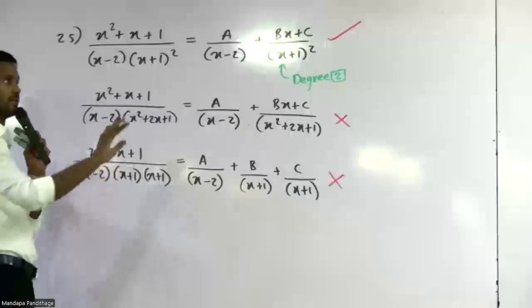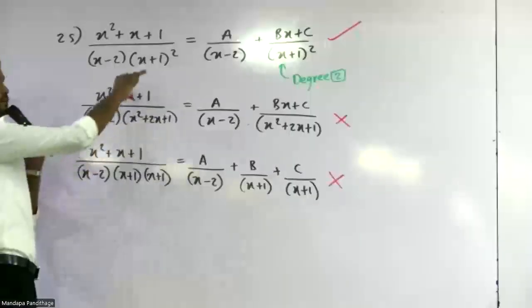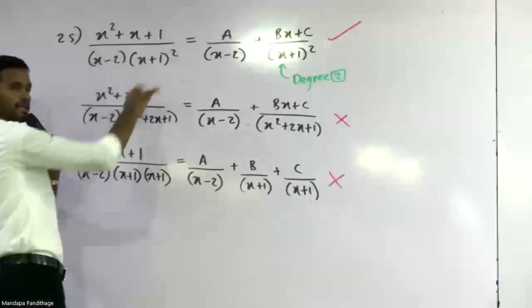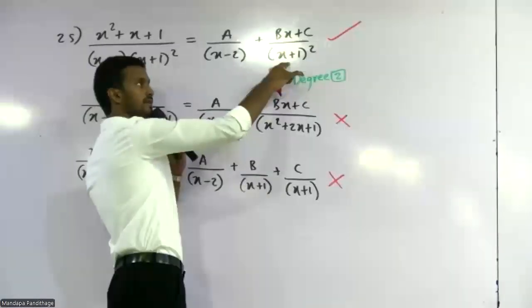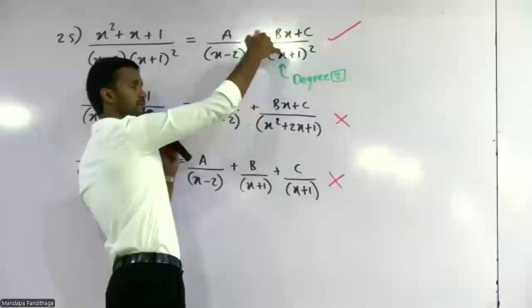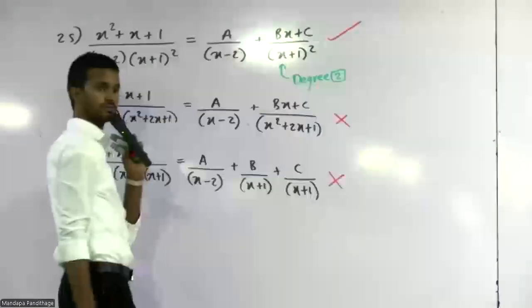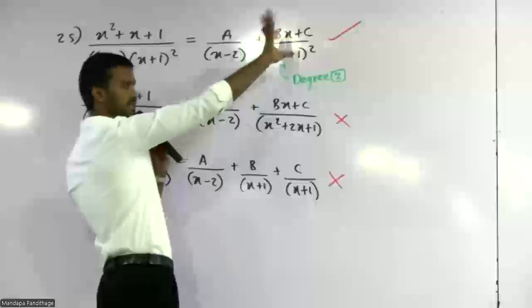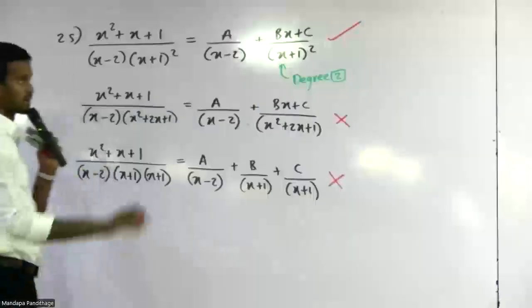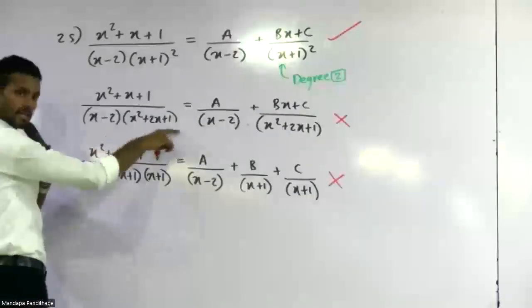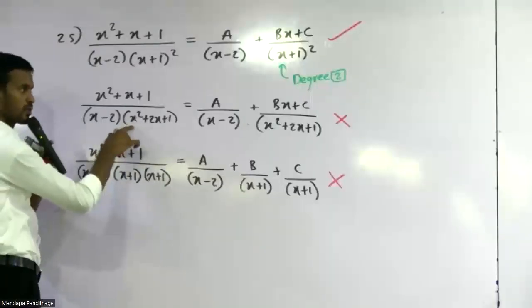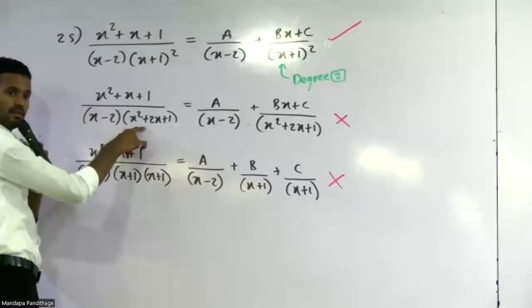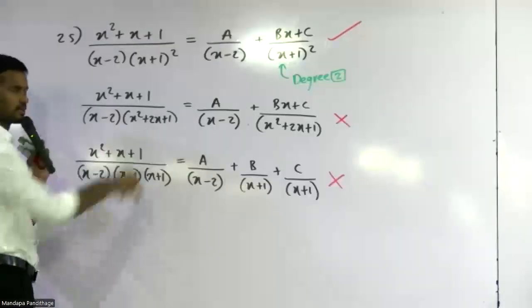Okay, so what I mean by the basic rule is first we have to completely factorize this, and then I'm putting each factor, and then the degree here is 2, so the numerator should be 1 degree less. No? So according to the basic rule, this is correct. But the basic rule is we have to completely factorize this. So when I ask you to factorize this, do you call x squared plus 2x plus 1 a factorization? No, it's not a factorization.